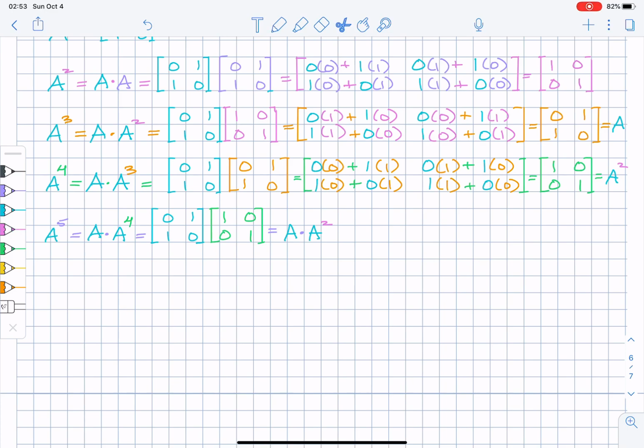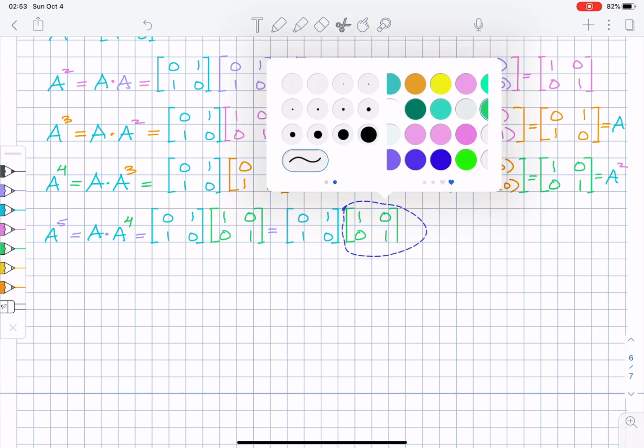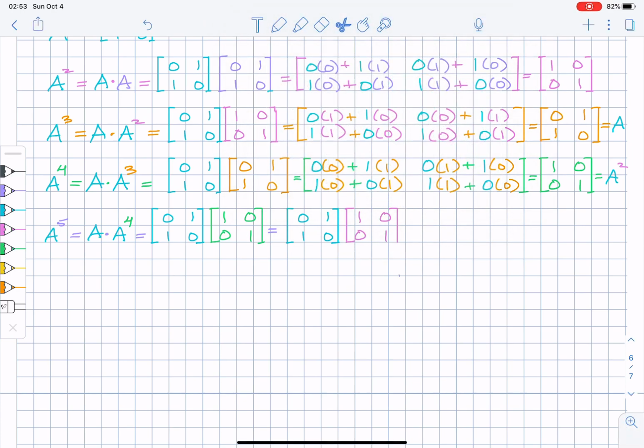Let me show you explicitly why. Let's just copy and paste all of this. Why is this the case? Well, if I change this to pink, maybe it'll be more obvious. They're exactly the same matrix, green and pink.